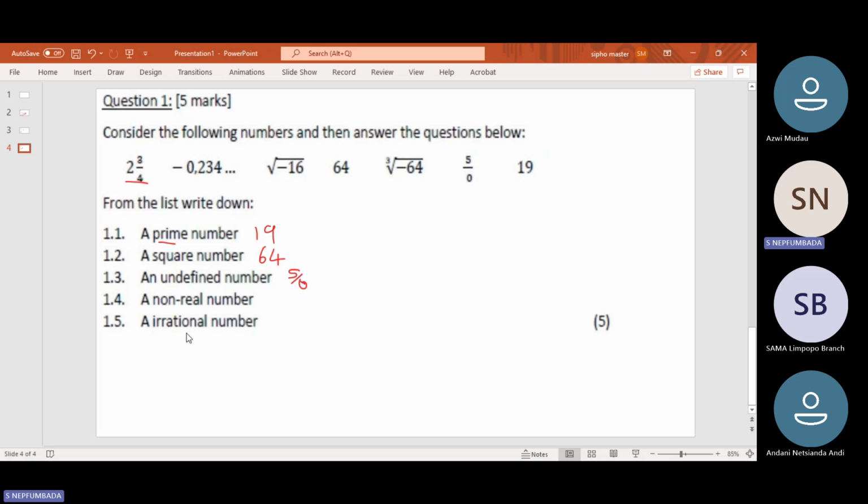We are not allowed to divide by 0. Are we still together? And a non-real number: we don't have a square root of negative. Did you see that? A rational number is negative 0,234. Did you get it?